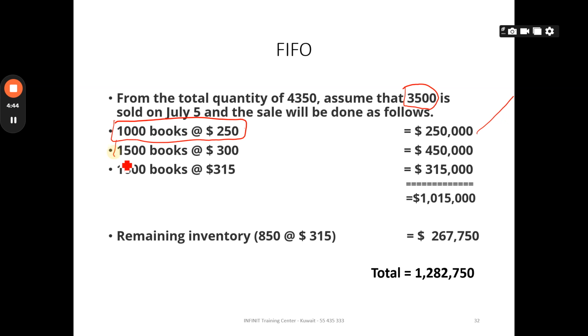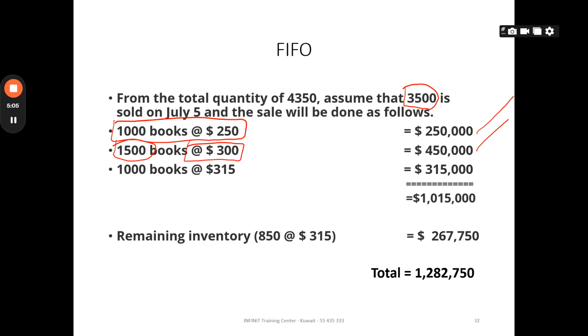Then again, 1,500 units when they are sold, they will look into the second layer of purchase. Now it is $300. So 1,500 multiplied by 300, 450,000 worth of goods is also taken out from the inventory, and this will go to cost of goods sold. Now 2,500 is over.